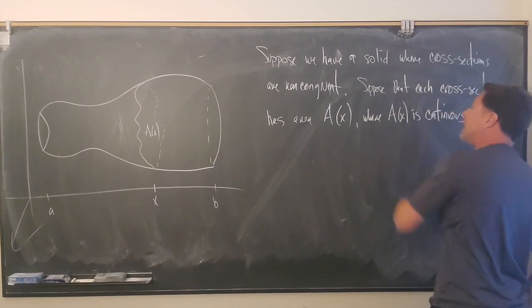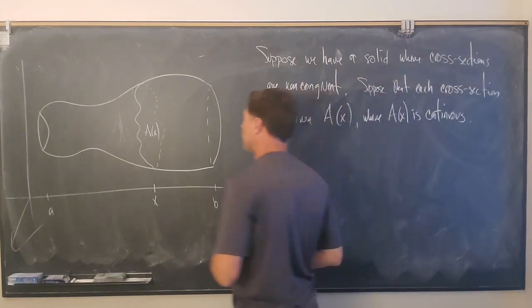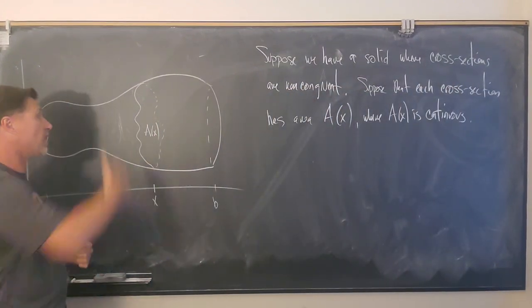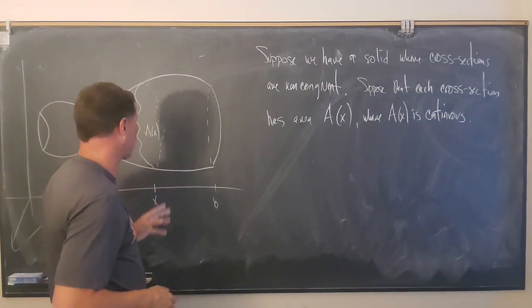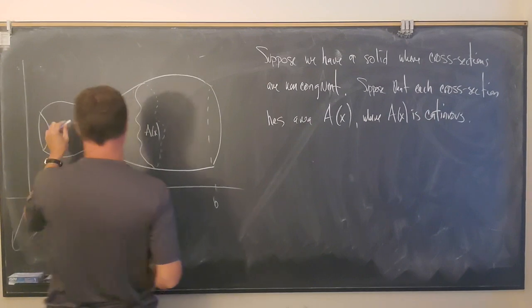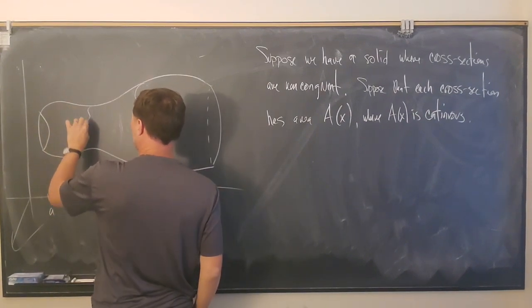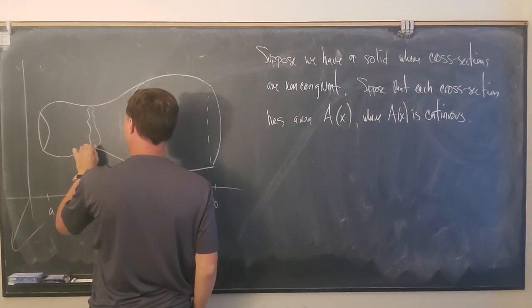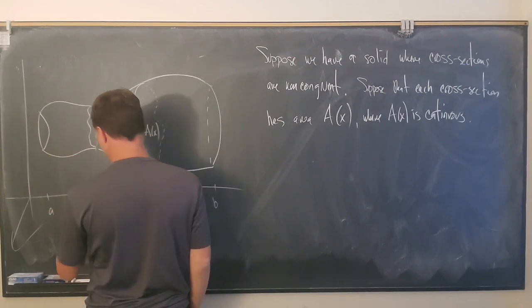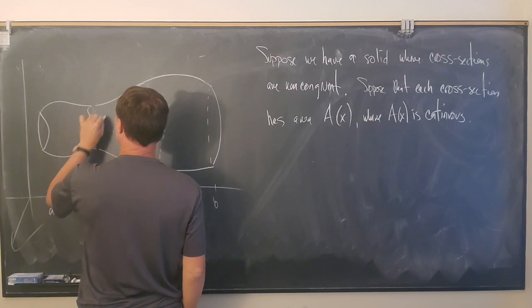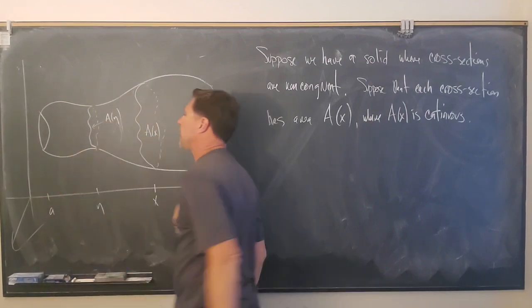So now, instead of having congruent cross sections, what we have is a function that tells us if you slice at position x, then the area of that cross section is A of x. So if I chopped at a different spot right here, I call that position y, then the area of that cross section would be A of y.